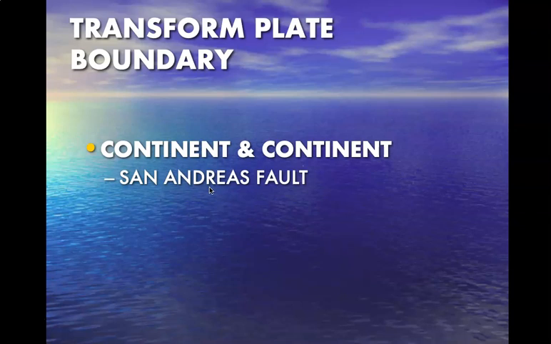And everything south of San Francisco, all the way down into Baja California, the little tail that sticks out down there, is attached to the Pacific plate. North of the San Andreas Fault there is attached to the North American plate. And they're moving in different directions.